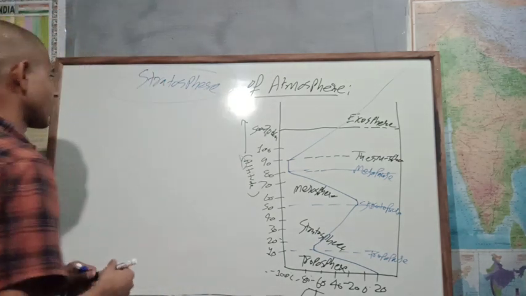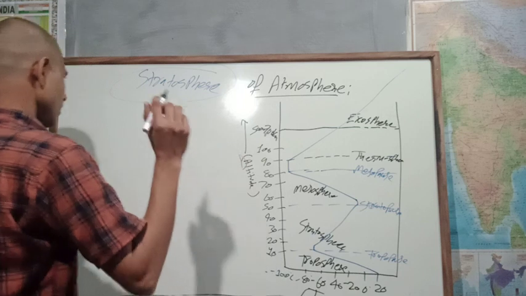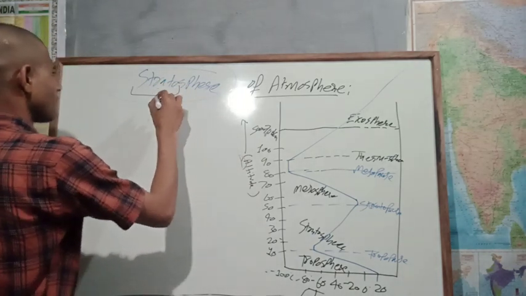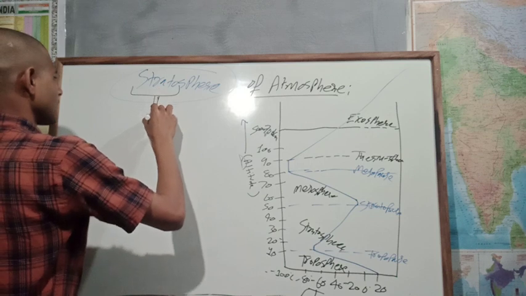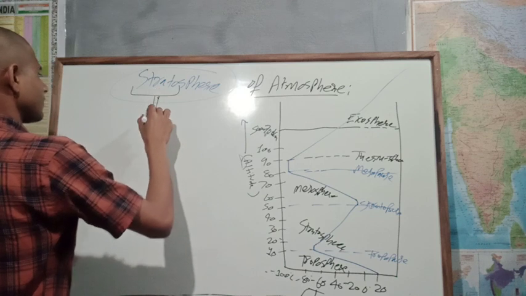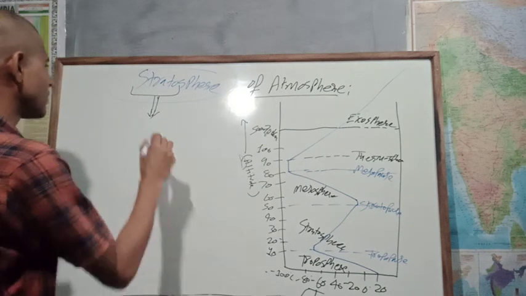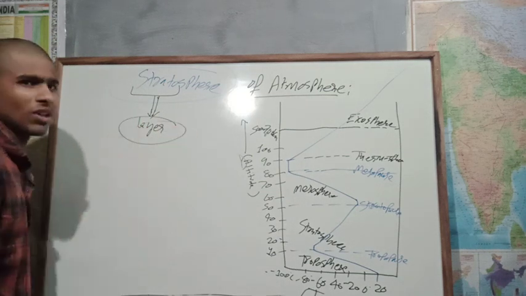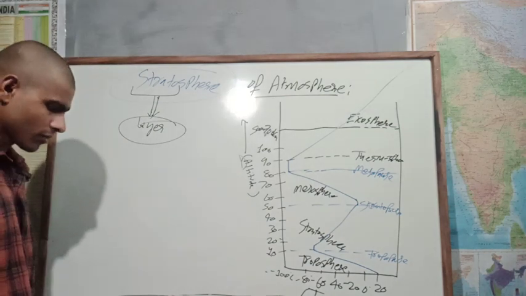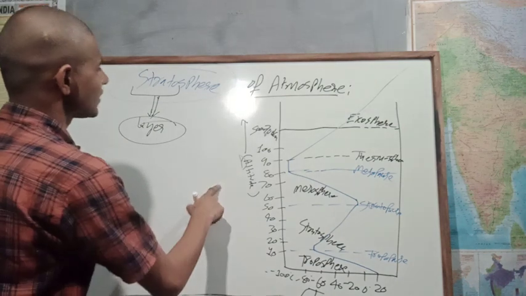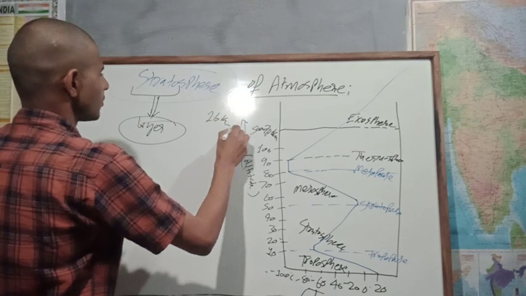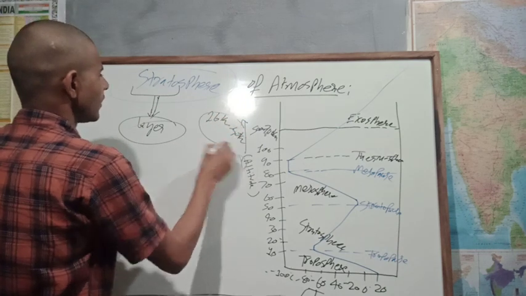I'm going to tell you. The word strato, what does it mean? Layer. And its height is from 16 kilometers to 50 kilometers.